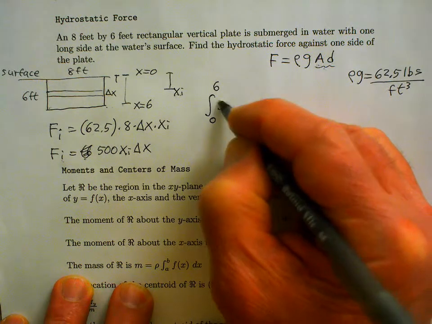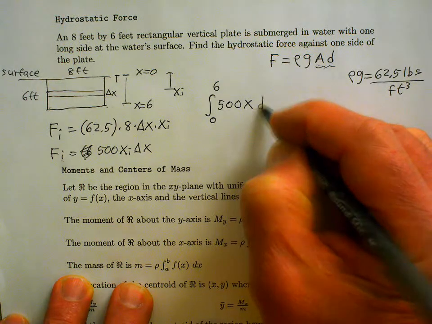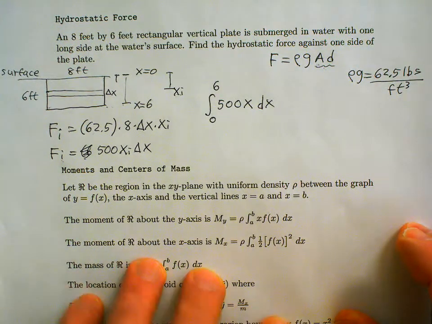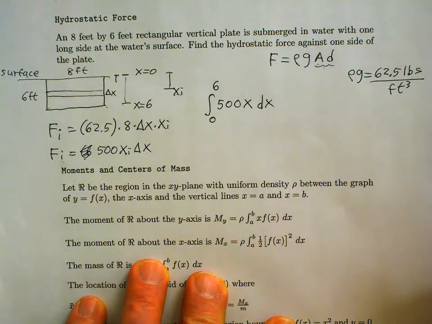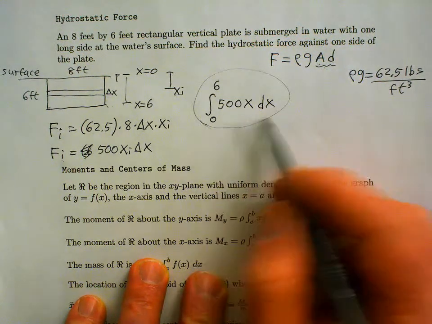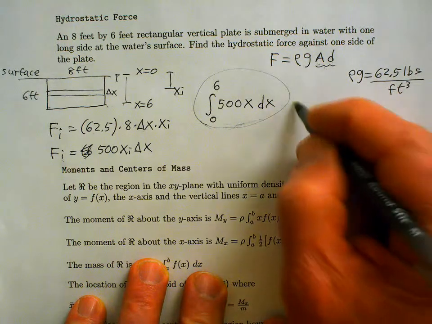And the integrand is 500x dx. Okay, so evaluating that is pretty simple. I'll leave the rest of that for you to do. But this hydrostatic force will be measured in pounds.